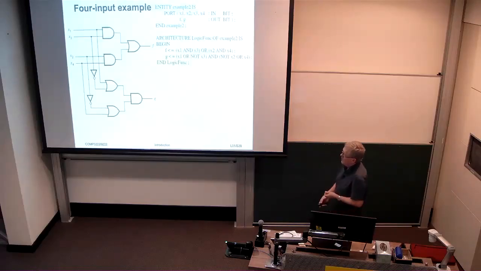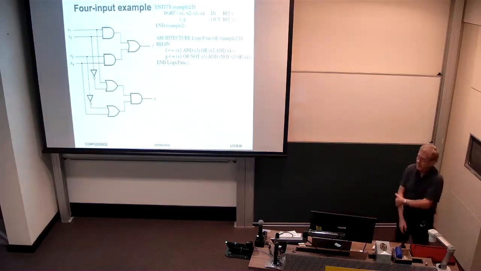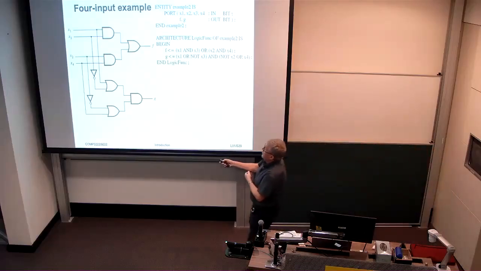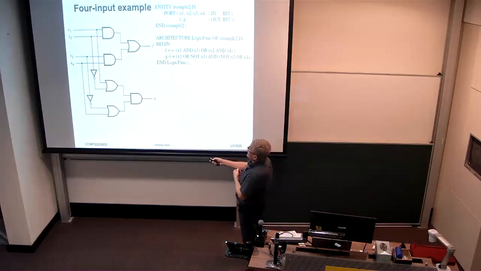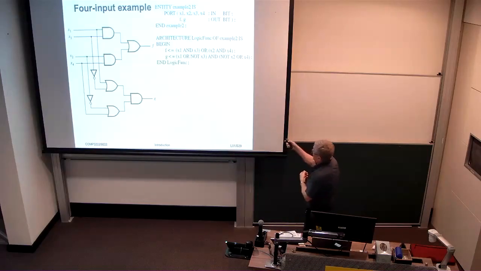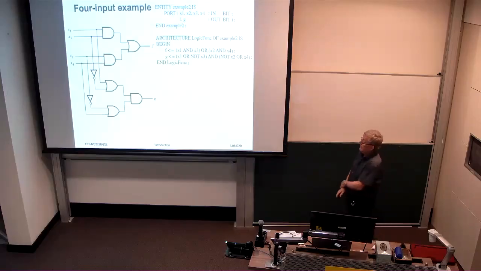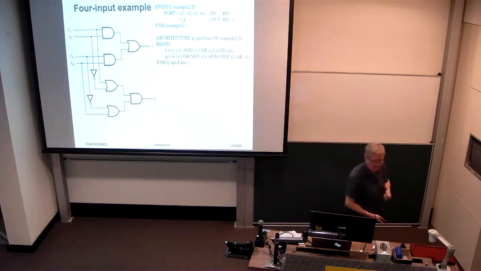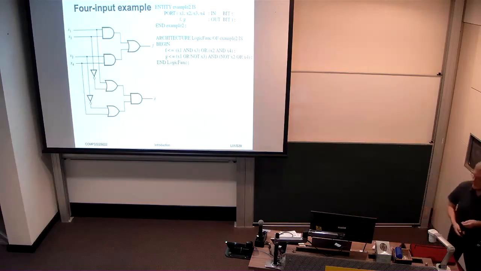Let's have a look at a second design, that's this one here. In this case, we have 4 input bits, X1 through X4, and 2 output bits, F and G. So slight variation on example 1. And the architecture, of course, has to now describe how both F and G are derived. And you can check for yourselves that they're listed properly.